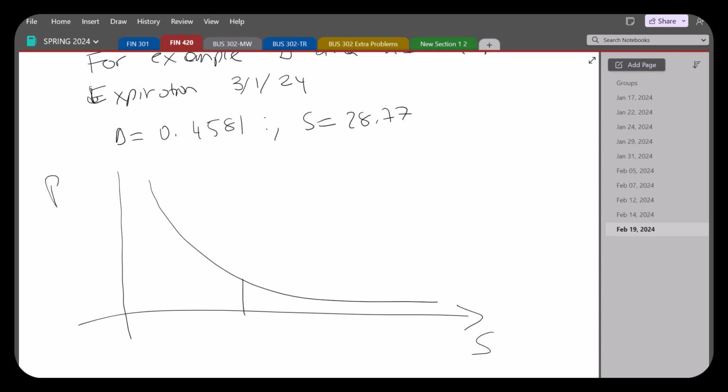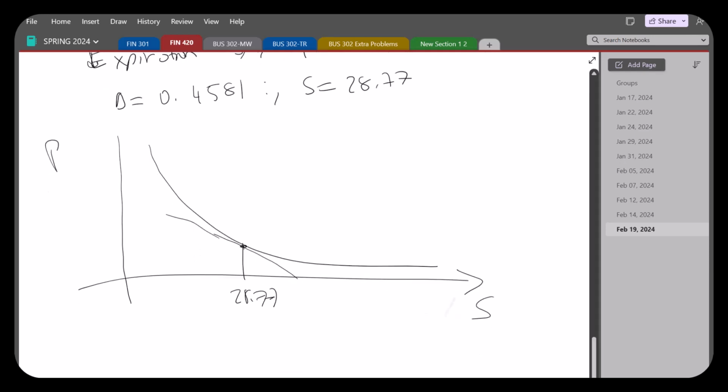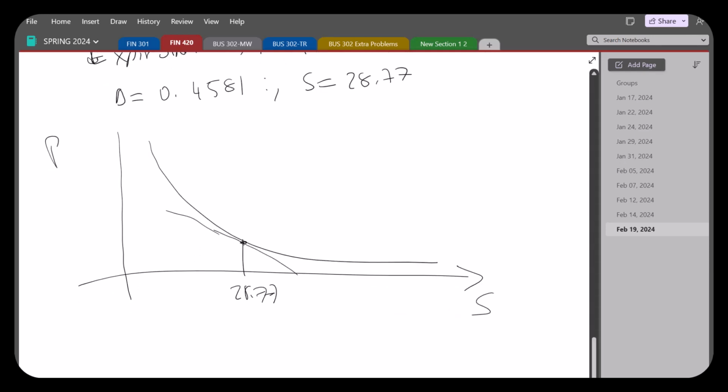And if this is 28.77, delta gives me the slope of that line, the tangent. But it's better to think about it this way: if the underlying price goes up by $1, approximately by how many cents will the value of the option go up? And the answer is 45 cents.